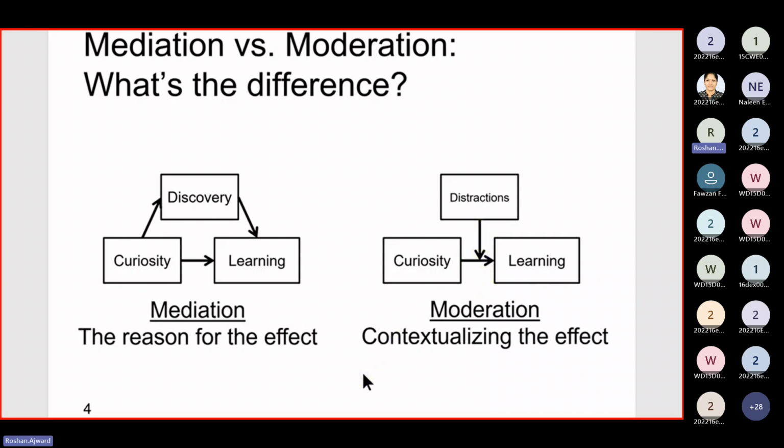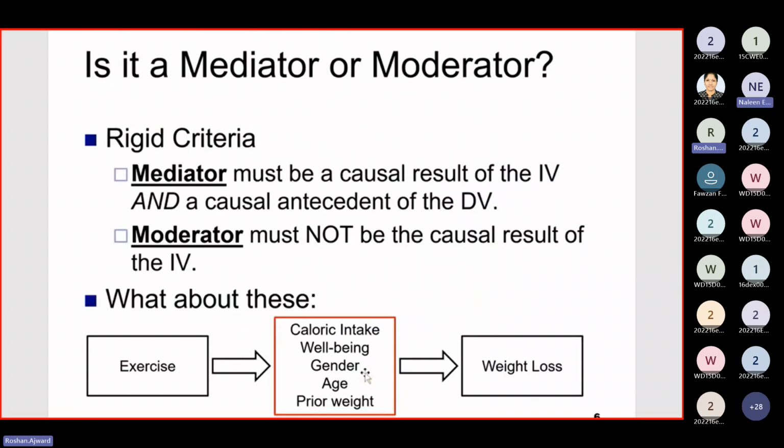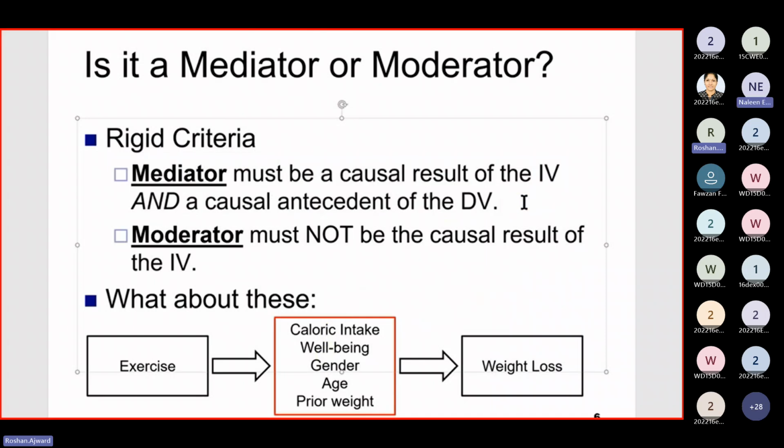Now, how do I know if it's a mediator or a moderator? I'm going to skip this slide and go to this one. There's some rigid criteria, so you will always know if you've got it right. A mediator must be the causal result of the IV and must be the causal antecedent of the DV, meaning the IV must cause the mediator and the mediator must cause the DV, if we're going to use causal deterministic language, using it loosely here.